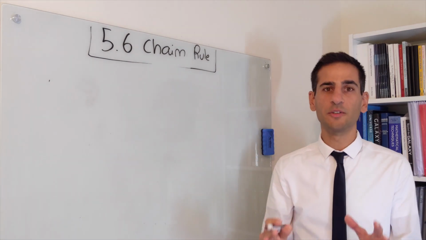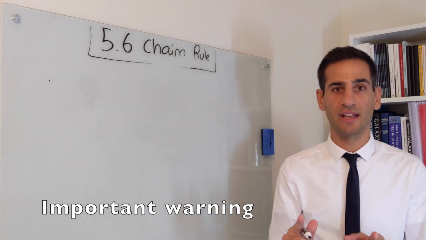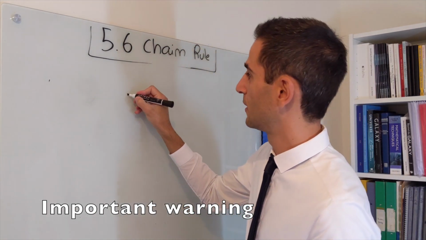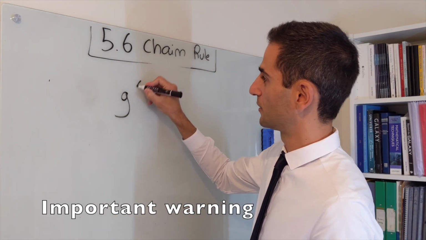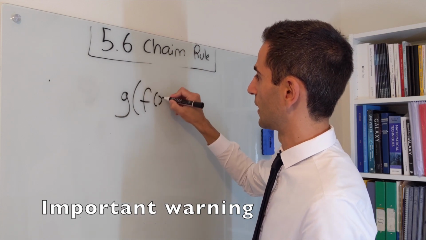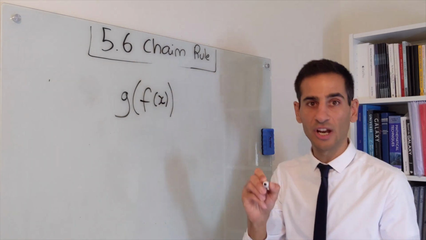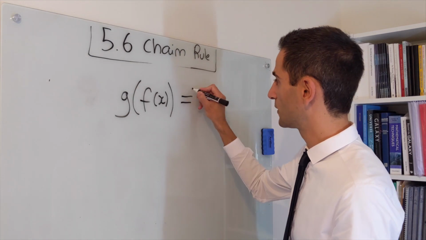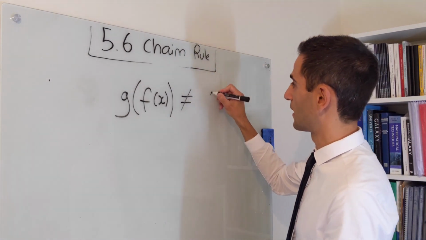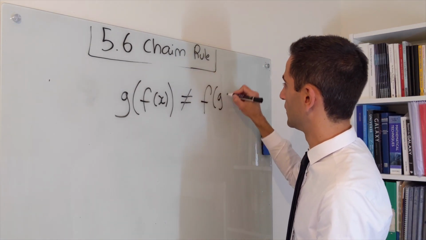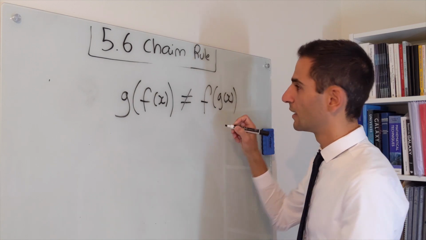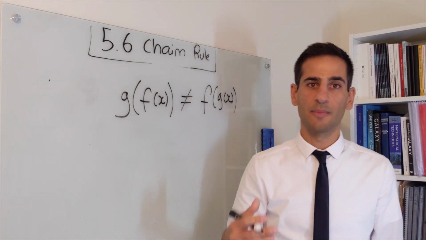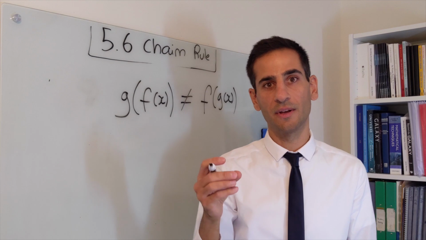Just saying. Something quite important though is to understand that if you have some function that's g of f of x, in general this is not the same as having f of g of x. In other words, for a composite function, the order matters.